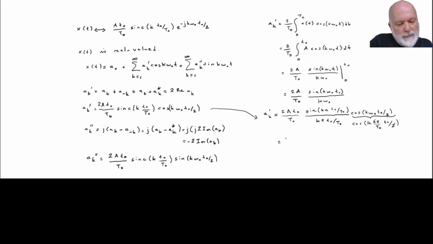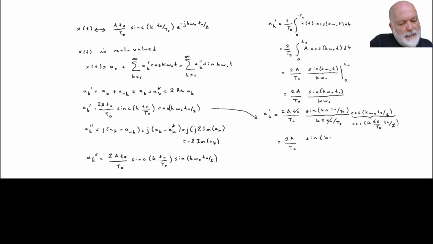This can be written as 2a over capital T0, the t0s will cancel out as well. It is sine of k, we have sine times cosine, and the arguments are equal, so we will have twice the argument.